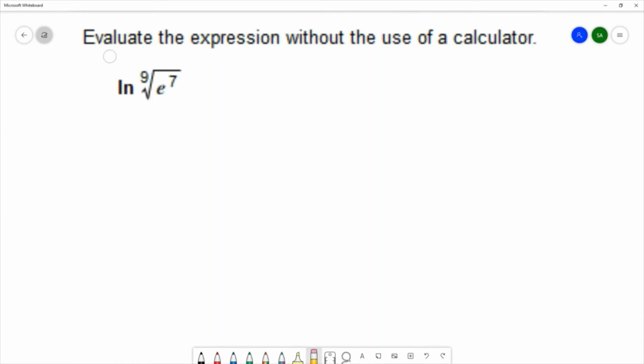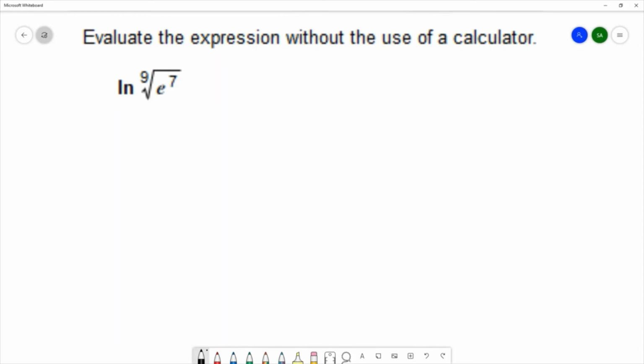For this example, we want to evaluate the expression without the use of a calculator. Our expression is natural log of the 9th root of e to the 7th. To evaluate this expression without a calculator, I want to remember that a radical can be written as a power.